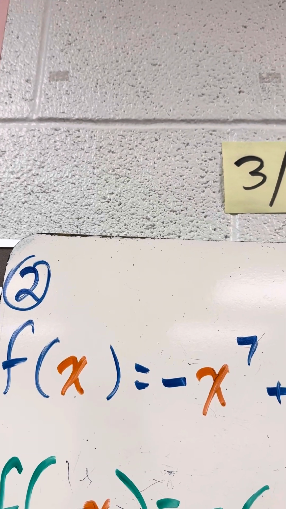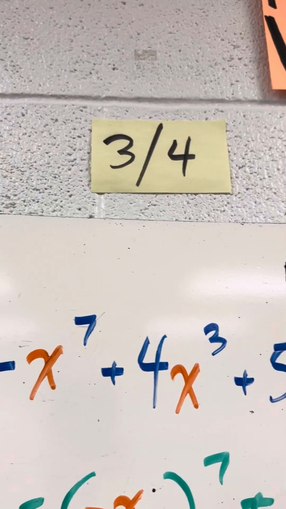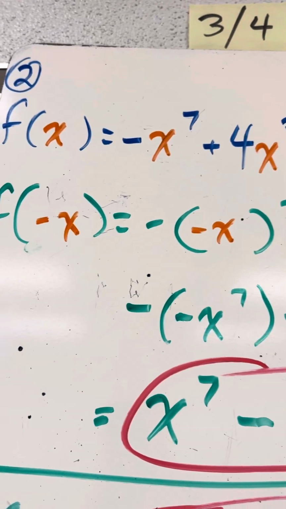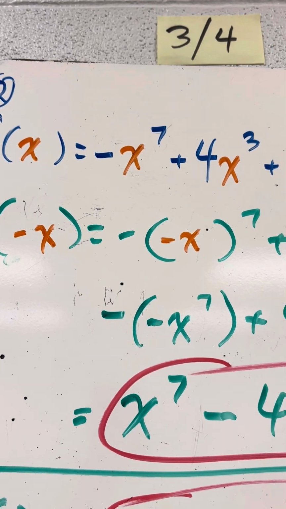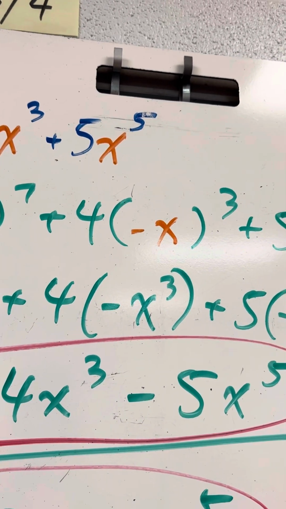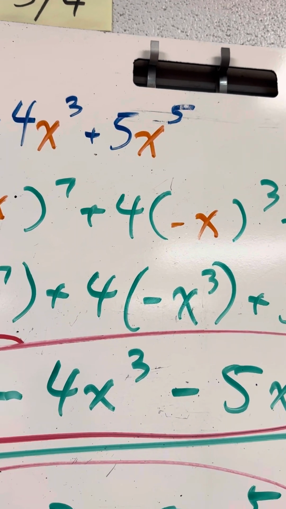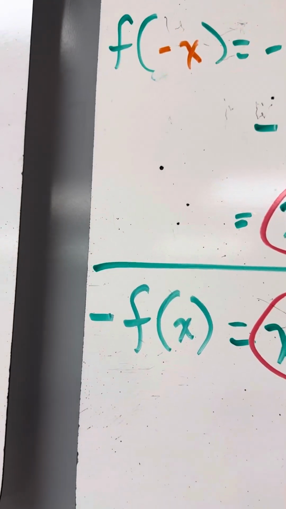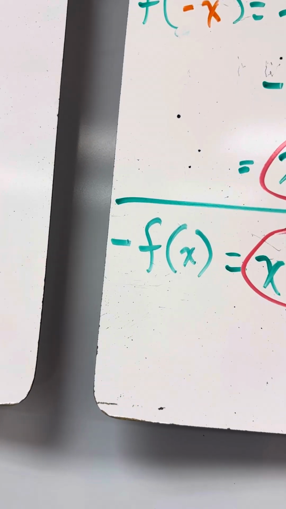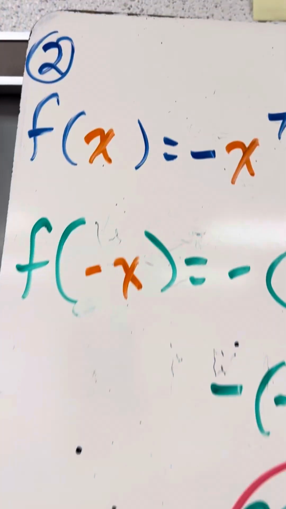f of x is minus x to the 7th plus 4x to the 3rd plus 5x to the 5th, whereas f of negative x would be positive x to the 7th minus 4x to the 3rd minus 5x to the 5th. So now we test the negative of all of f of x. When you take the negative of f of x, that means you just change all the signs.